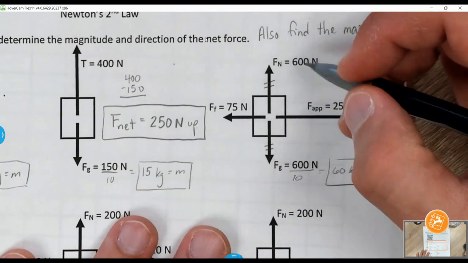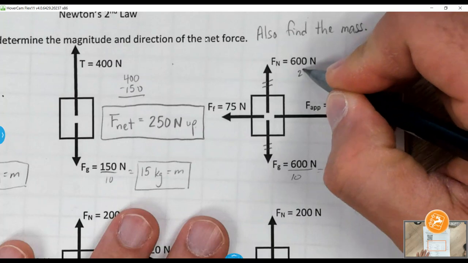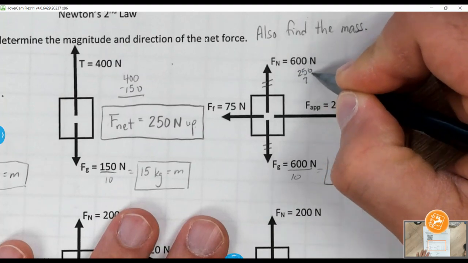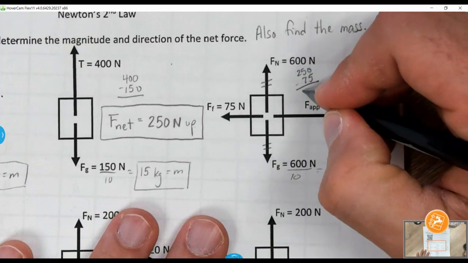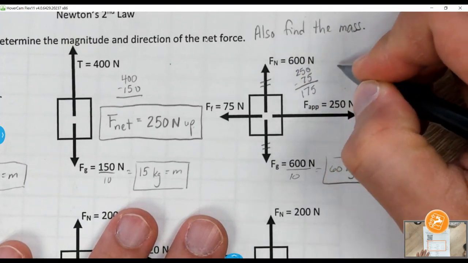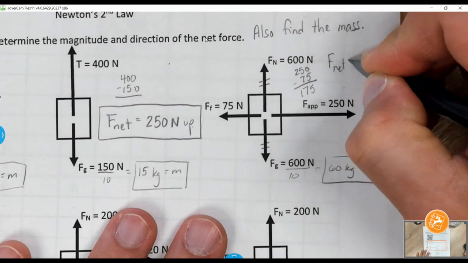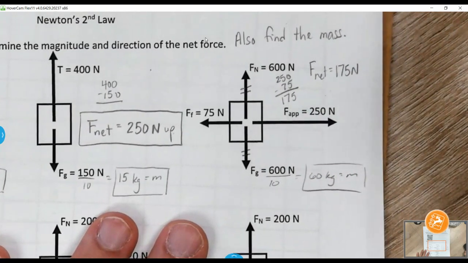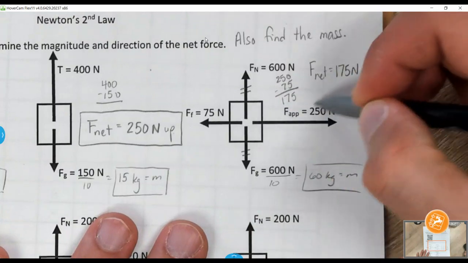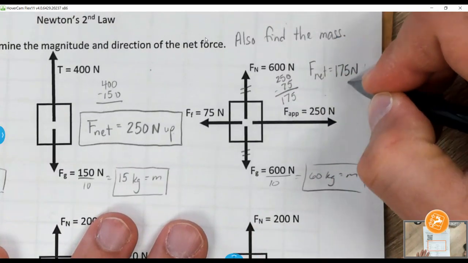So if they're opposite directions, we're going to subtract. So just do 250 minus 75. And that gives us 175. So the net force will be 175 newtons to the right because the applied force vector was bigger.